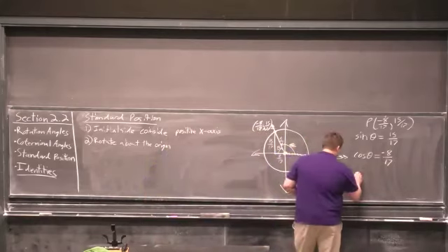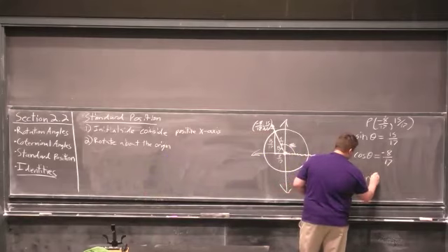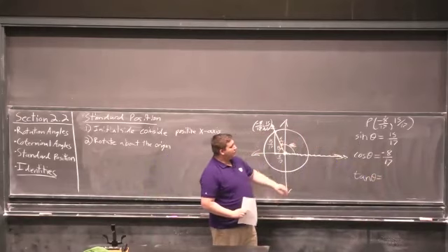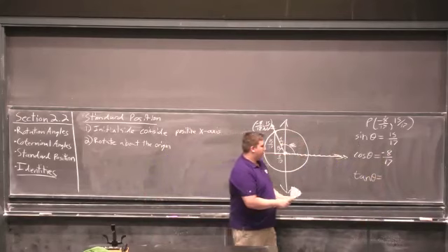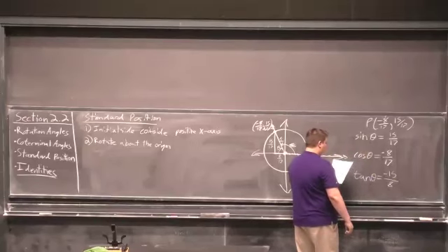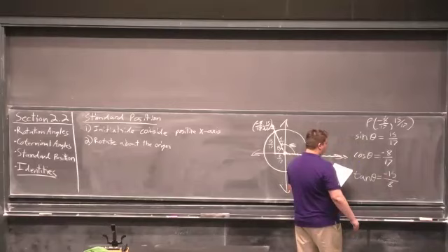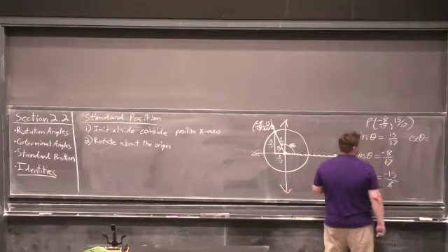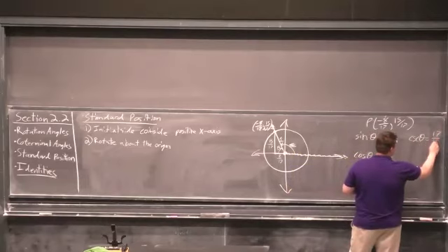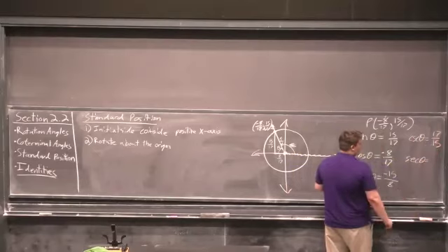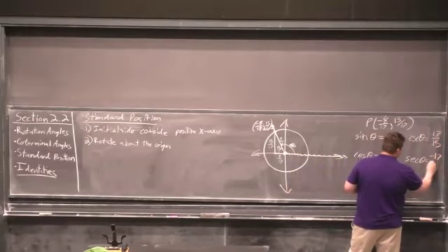We also can use tangent. Tangent of theta will be sine over cosine. And so we'll be able to calculate that and get -15/8. And finally, we can calculate the rest. So we can have cosecant of theta equaling 1 over sine, so that's 17/15. Secant of theta is 1 over cosine, so that's -17/8.